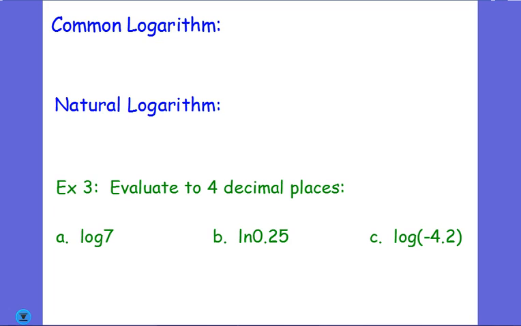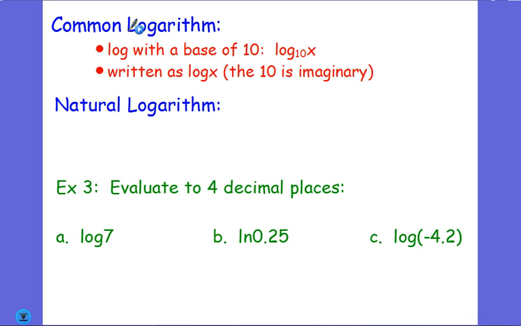So let's look at a couple of definitions. These are very, very special and important buttons on our calculator. The first one is called the common logarithm. So the common logarithm, which is the log that we use most often, is a log with a base of 10. So log base of 10. And then it doesn't matter what letter is there. It's just a placeholder.